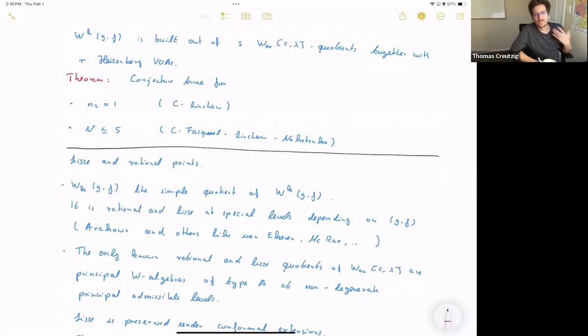And if one scans the zoo of such VOAs that one knows, then first of all, almost all lisse VOAs, all C2 cofinite VOAs that we do know are also rational, that means semi-simple. And moreover, the rationals that we do know are, of course, the positive integer level affine VOAs, the Wess-Zumino-Witten theories, and its quantum Hamiltonian reductions with respect to a nilpotent element that is compatible with a level.